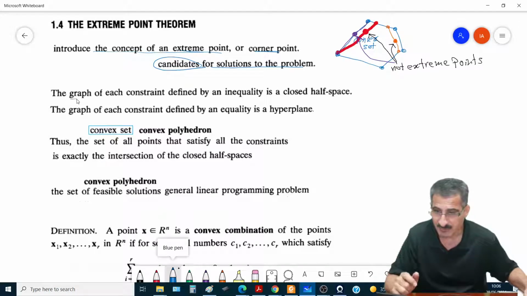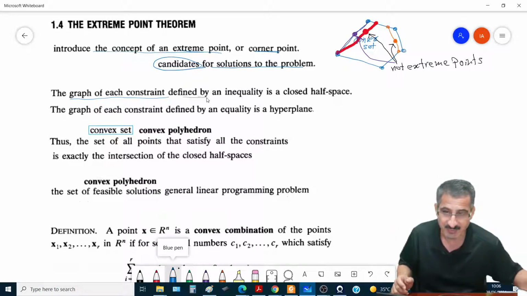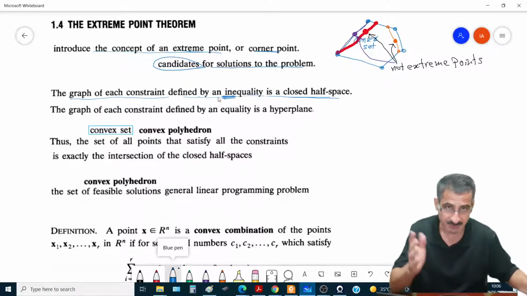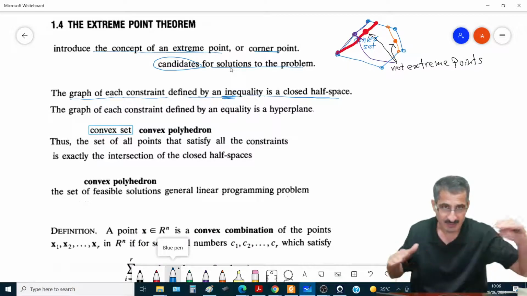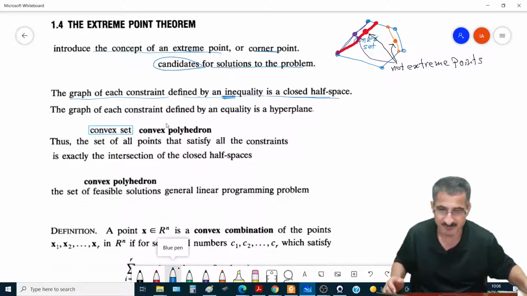So the graph of each constraint, remember, for an inequality, less than or equal or greater than or equal, is a closed half space. The constraint when we take equality is a line or a plane. When we take one of the sides, we call it a half space.